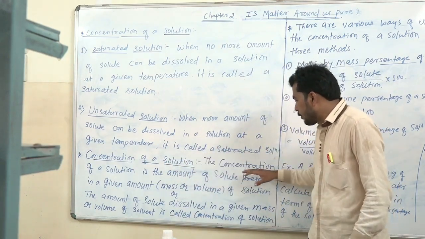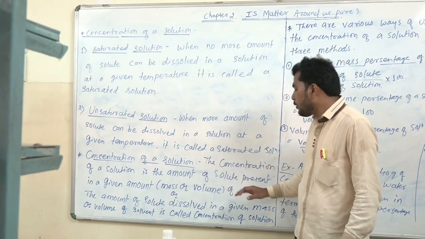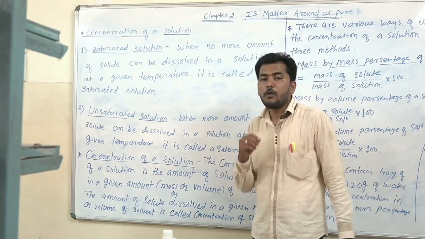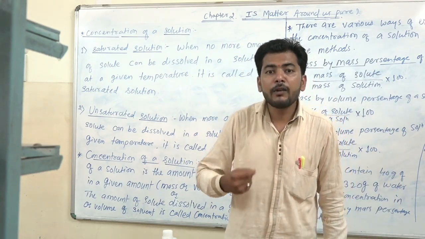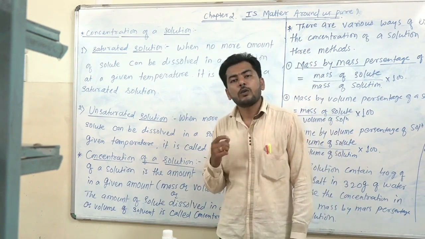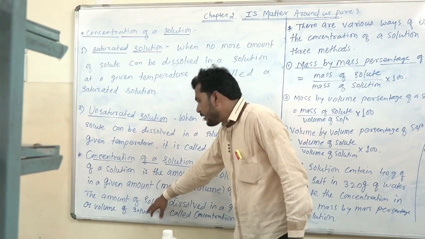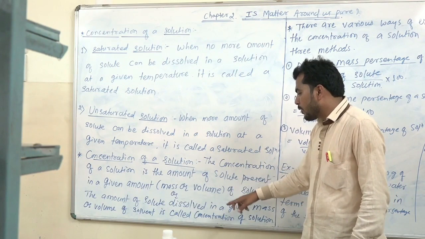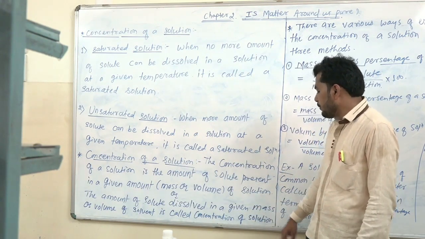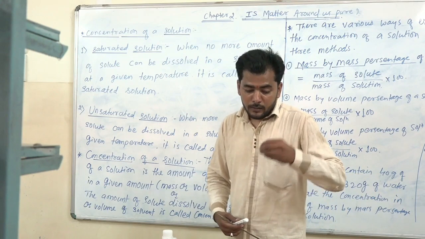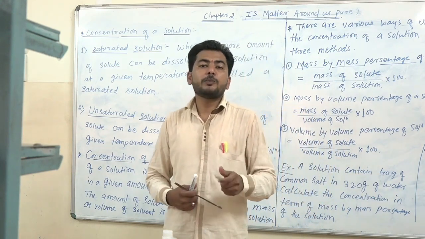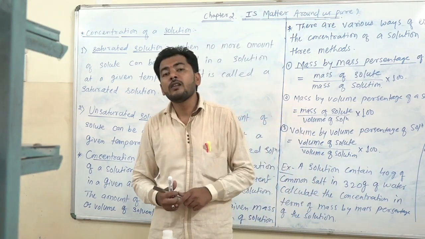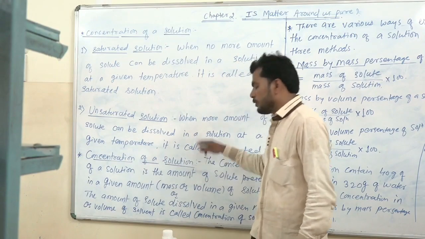Amount of solute present in a given amount of solution is called concentration of the solution. Another definition we have: the amount of solute dissolved in a given mass or volume of solvent is called concentration of solution.